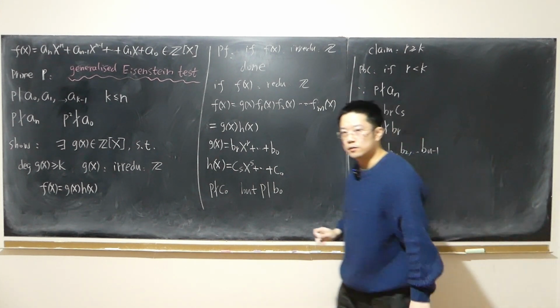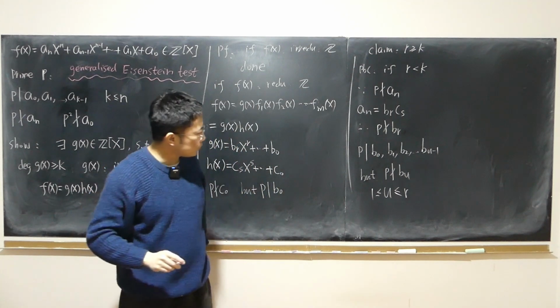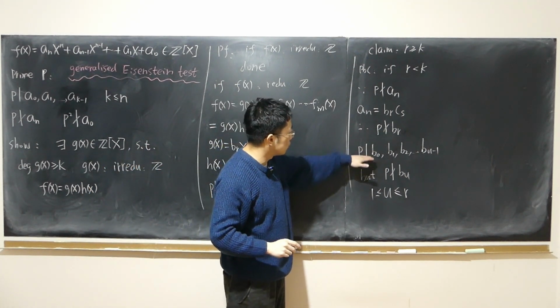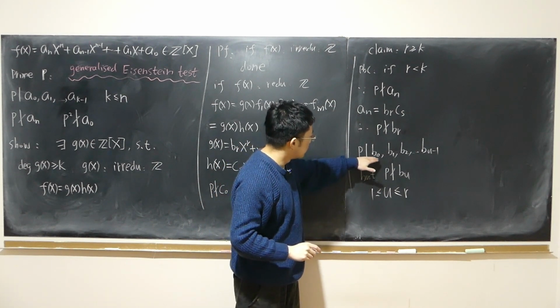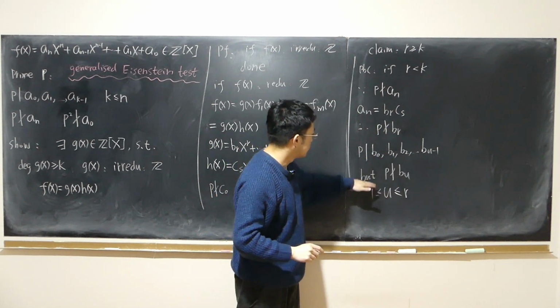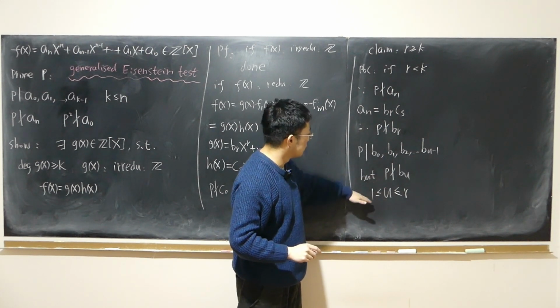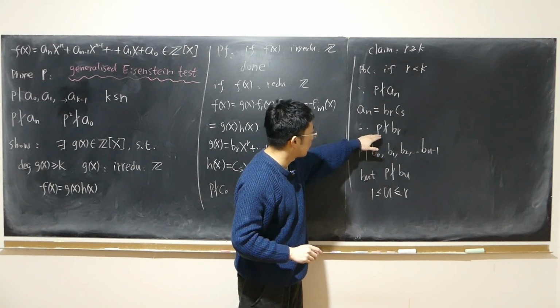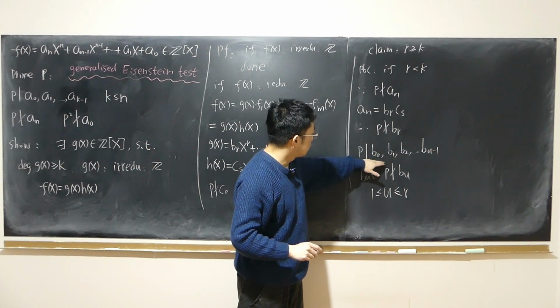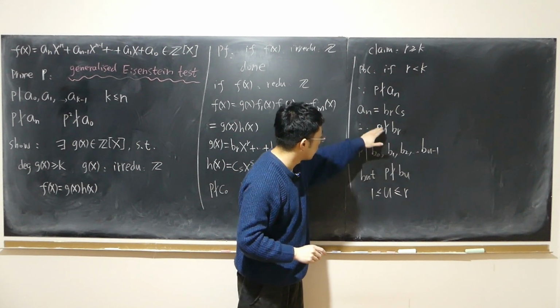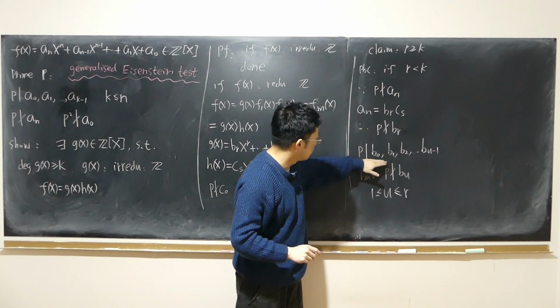So one thing we're sure of is that out of all the b naught, b1, b2, all the way up to b_r, we already know that b_r is not divisible by P. There could be more members that cannot be divided by P.